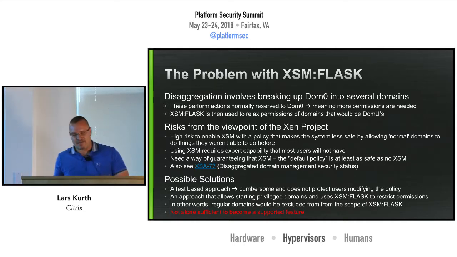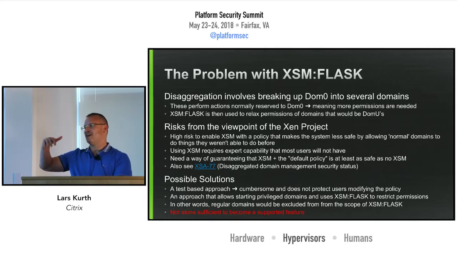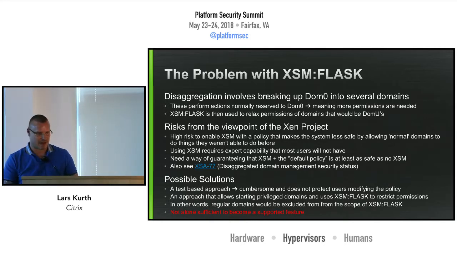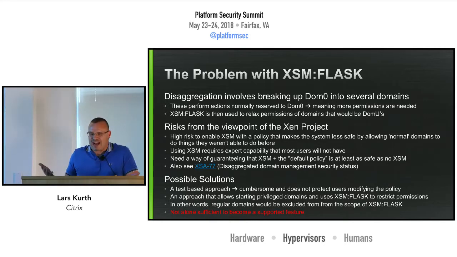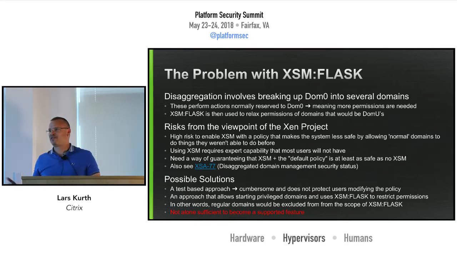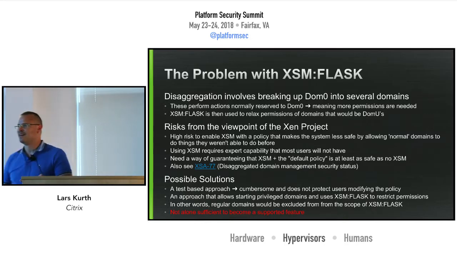So basically, when you use disaggregation, you have your DOM0, and then you delegate functionality which would normally run in DOM0 to a DOM-U. And to do that, you need to basically up the level of privileges of that VM. And the way you do that is you use Flask to relax privileges of something which normally would be a DOM-U and wouldn't have those privileges.